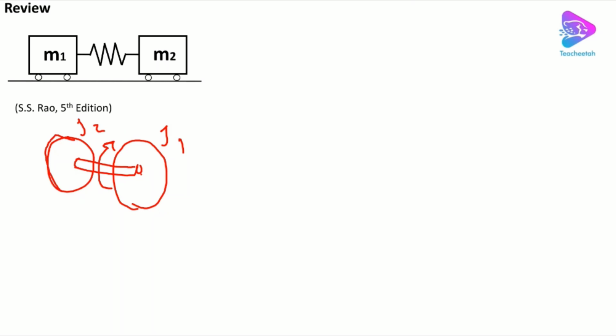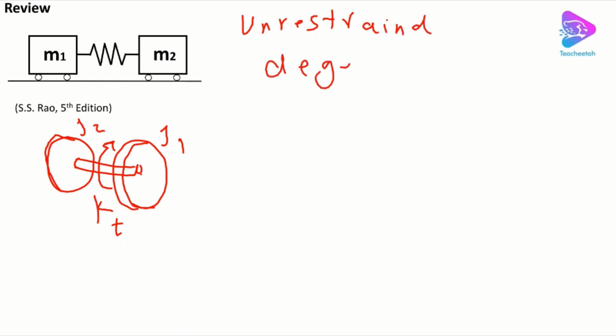So these two discs are the two mass components, and the shaft has a torsional stiffness, and this is also another case of a semi-definite system. Like I said, it is also known as an unrestrained or degenerate system. So these are other names for a semi-definite system.